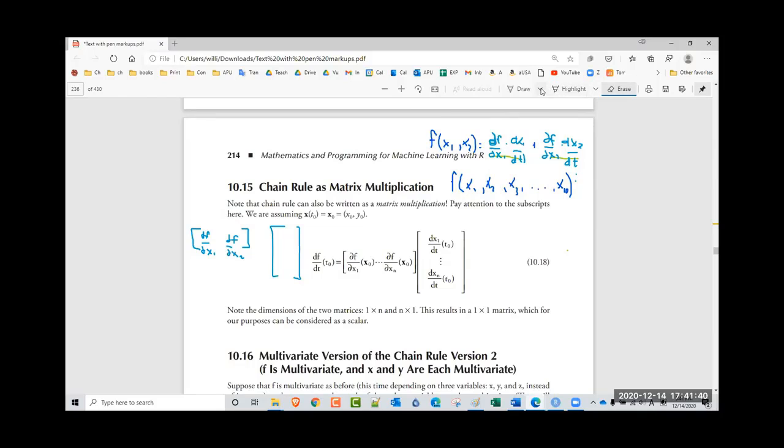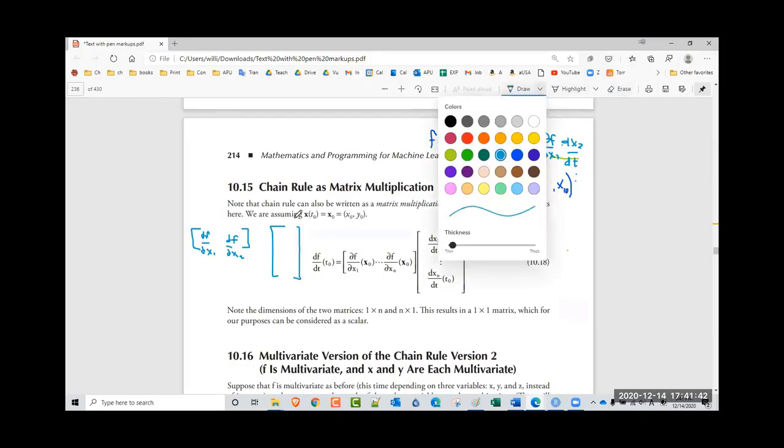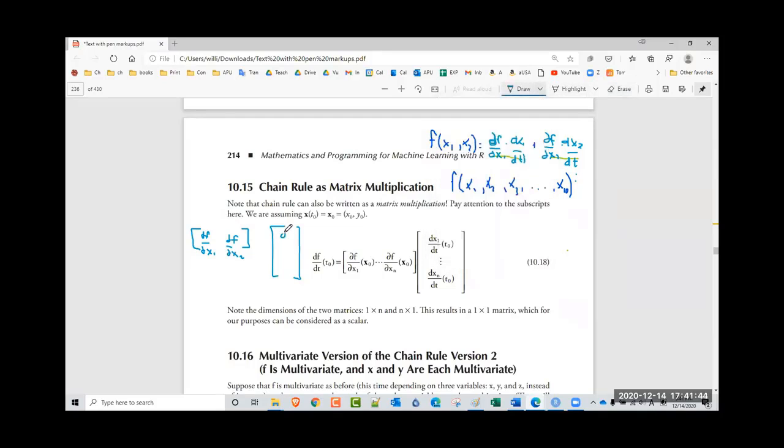This is dx1 dt. And then the bottom one is going to be dx2 dt. Sorry about this not being very clear. Do you understand there are two pieces in here and there are two pieces in here?